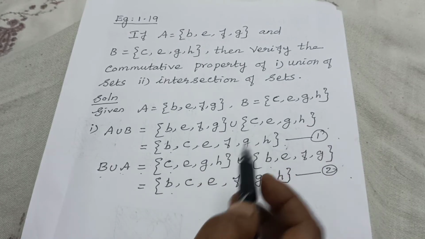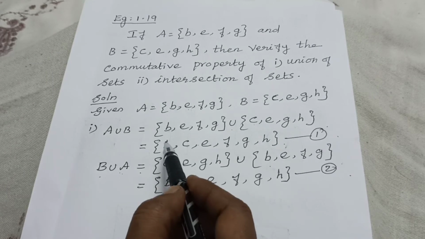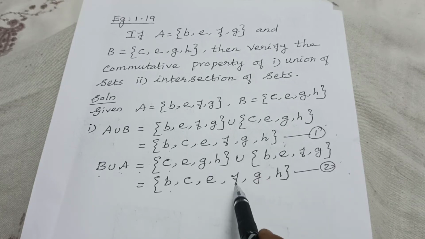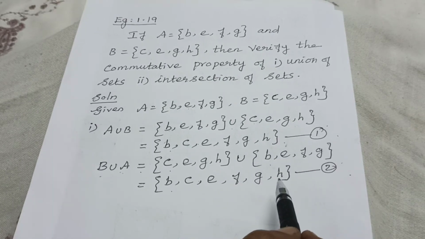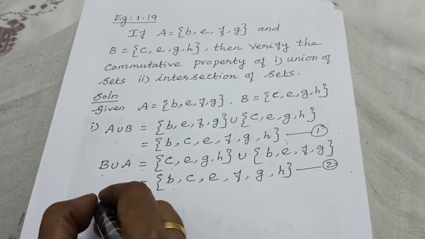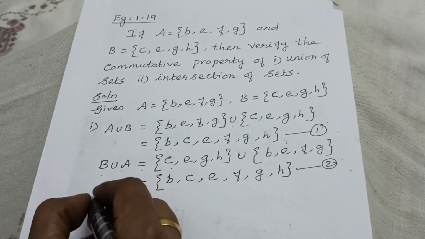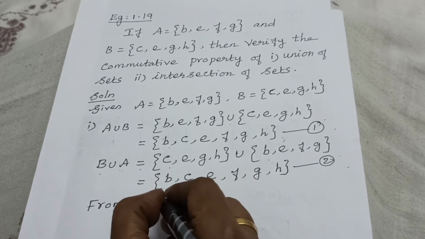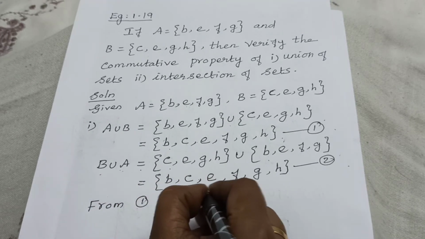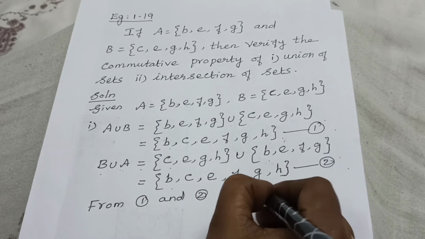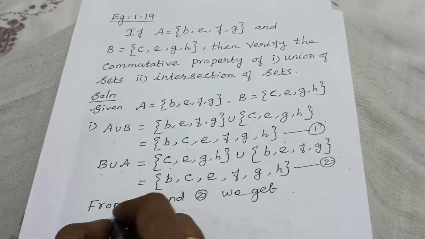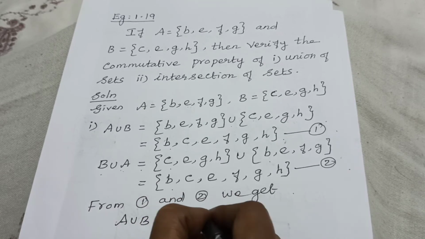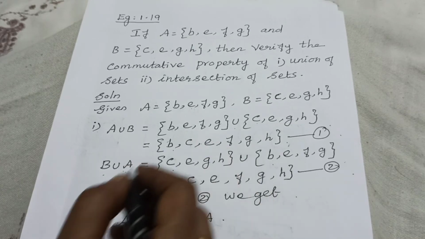Then we have to check equation number 1 and 2. Here B is there, here also B, C, then E also there, F, G, H. Okay, from 1 and 2 these two are equal. So from equation number 1 and 2 we get A union B is equal to B union A. Then what's the answer we can write?